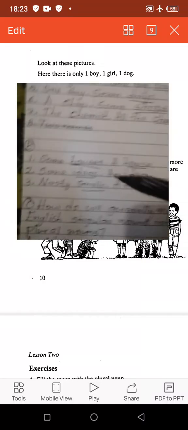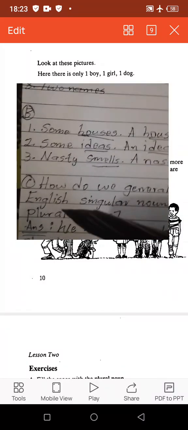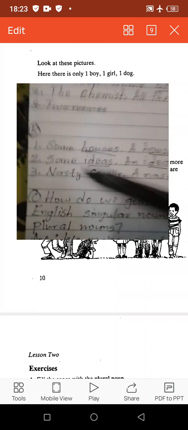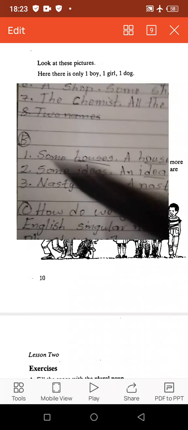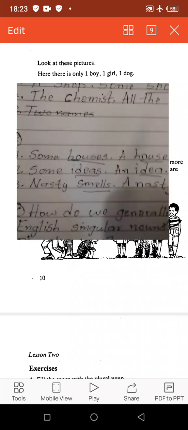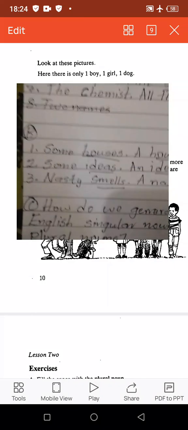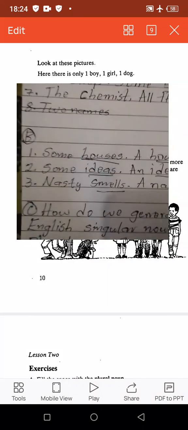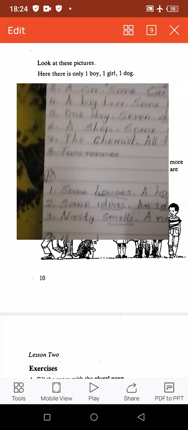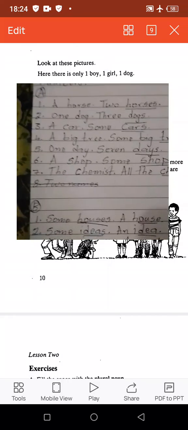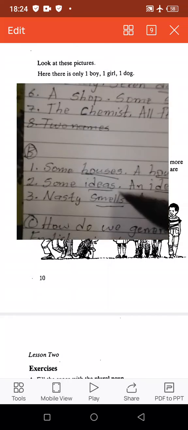Now the second exercise is that we are changing plural nouns to singular nouns. In that case, we just do vice versa. We just do the opposite of what we did in the previous exercise. How?